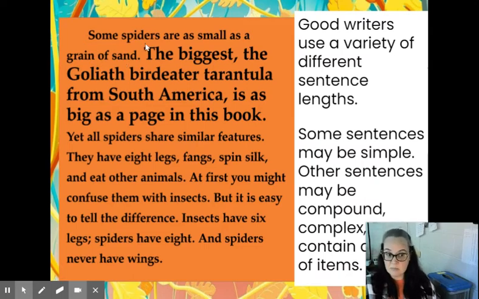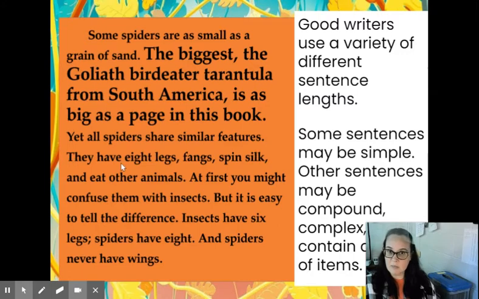It has a subject, some spiders, and then it tells you what you need to know about those spiders: they are as small as a grain of sand. The next sentence is more of a complex sentence. It's a complete sentence that has some extra information added to it. So the biggest, then the extra information is the Goliath bird eater tarantula from South America, is as big as a page in this book. That's a very interesting complex sentence.